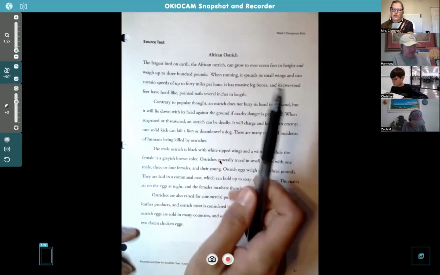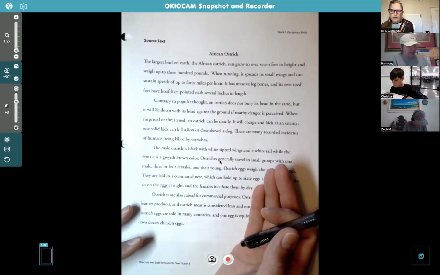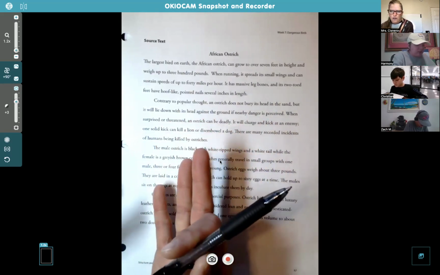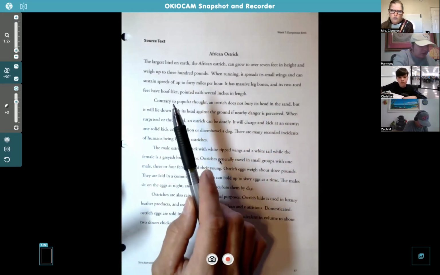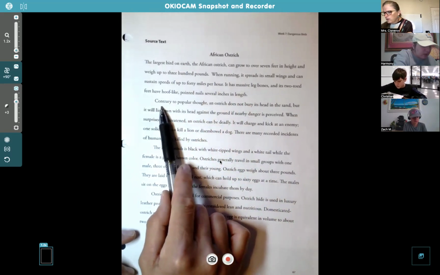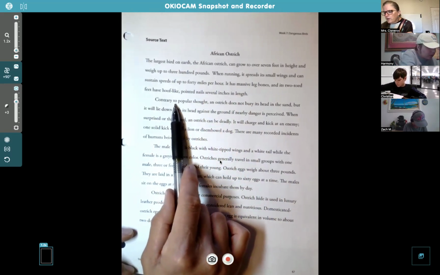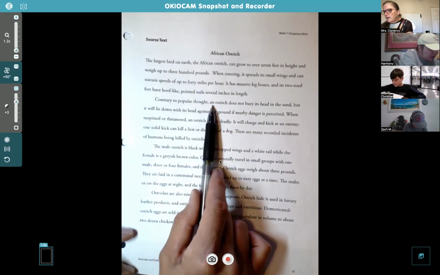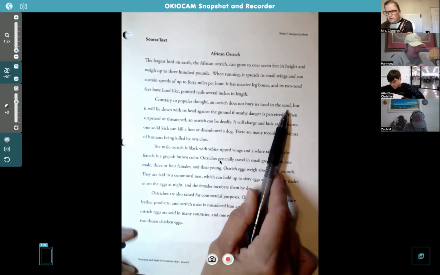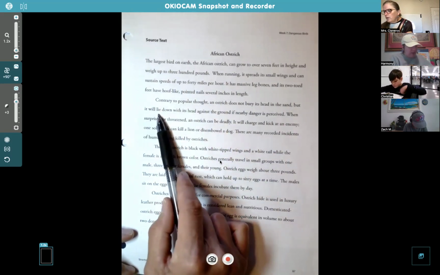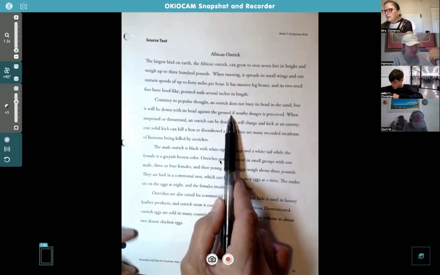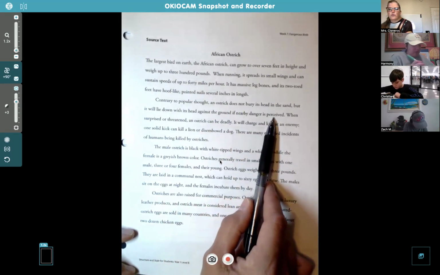All right, so hopefully you underlined at least one thing in there, because you're going to need 7, but it's okay if you underline more than one. Whatever you think is, whoa, that's cool, you can underline it, okay? I'm going to keep going. Contrary to popular thought, an ostrich does not bury its head in the sand, but it will lie down with its head against the ground if nearby danger is perceived.